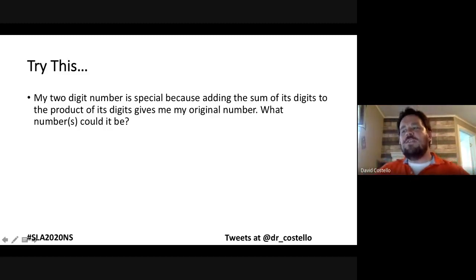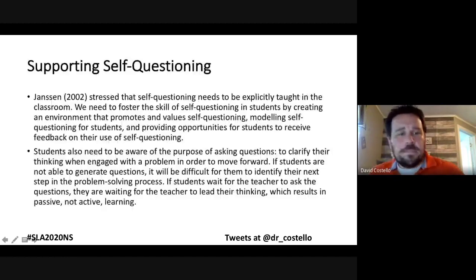And that gets me to my next slide, which is that Jansen stressed that self-questioning needs to be explicitly taught in the classroom. We need to foster the skill of self-questioning in students by creating an environment that promotes and values self-questioning, modeling self-questioning for students, and providing opportunities for students to receive feedback on their use of self-questioning.